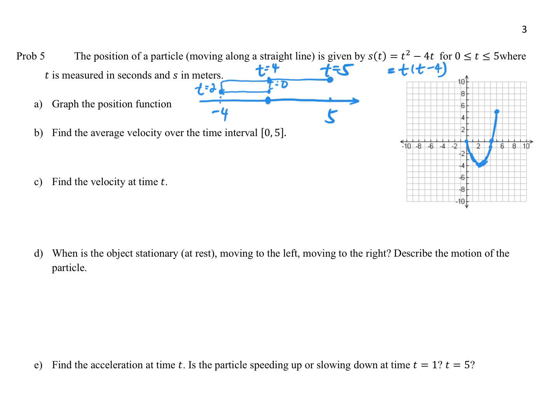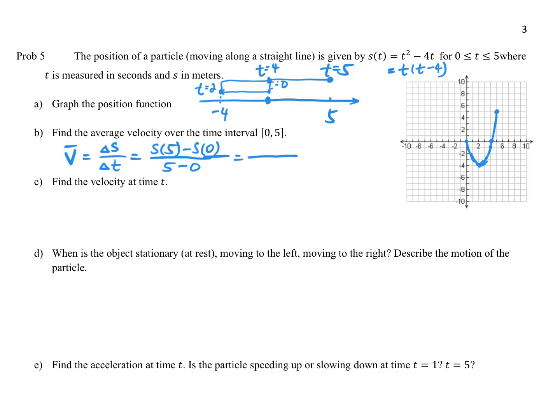Let's find the average velocity over the time interval 0 to 5. The average velocity equals change in position over change in time, which is s of 5 minus s of 0, over 5 minus 0.